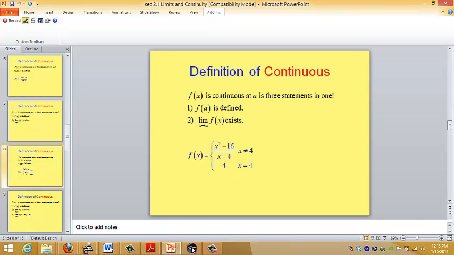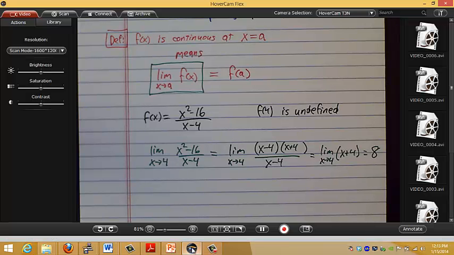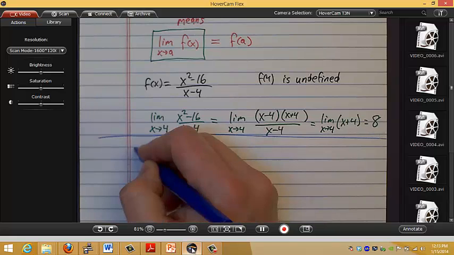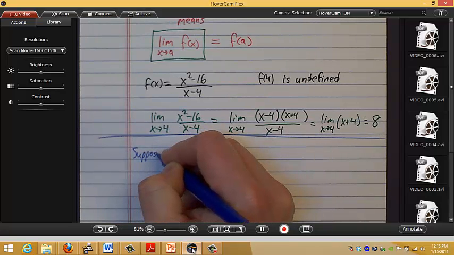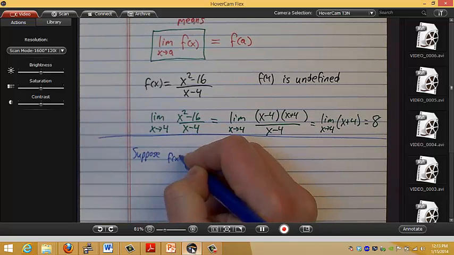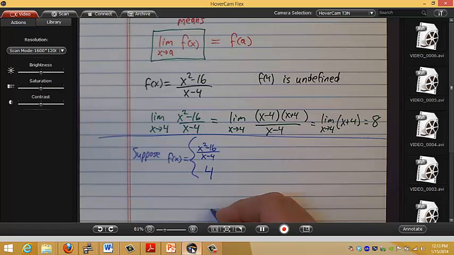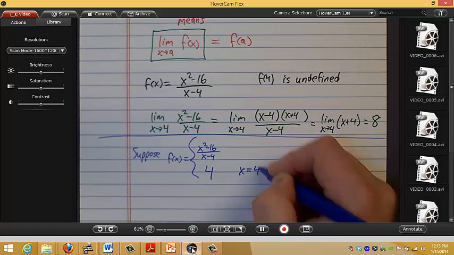So here's my new example. I'll do it in blue. Suppose f of x equals either x squared minus 16 over x minus 4 when x does not equal 4, or just equals 4 when x is 4.